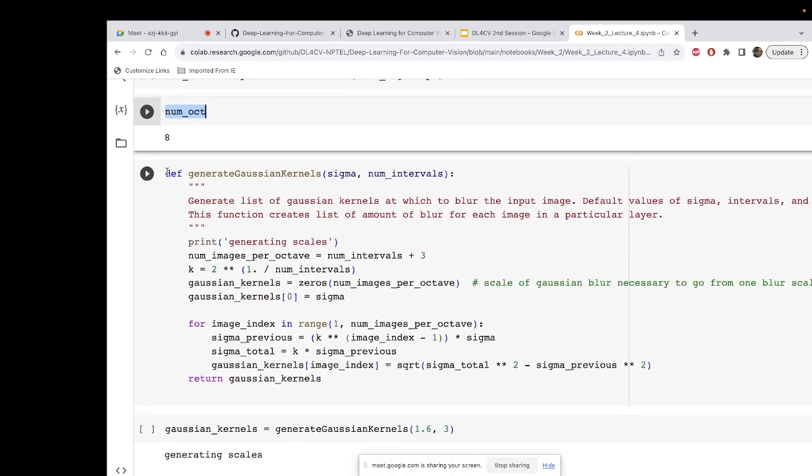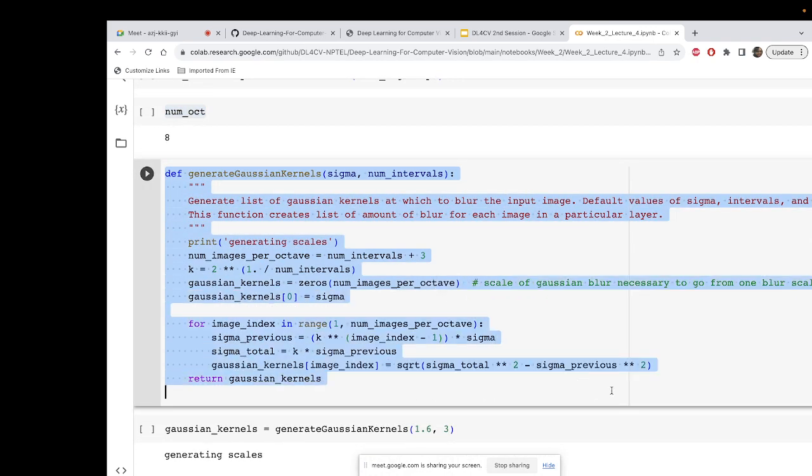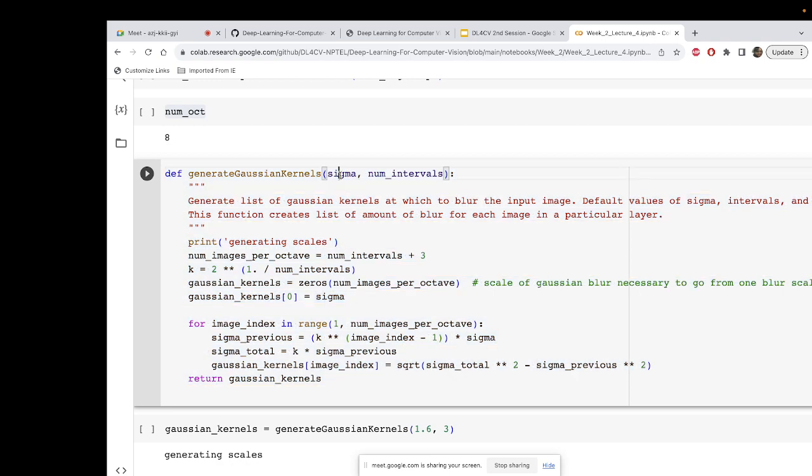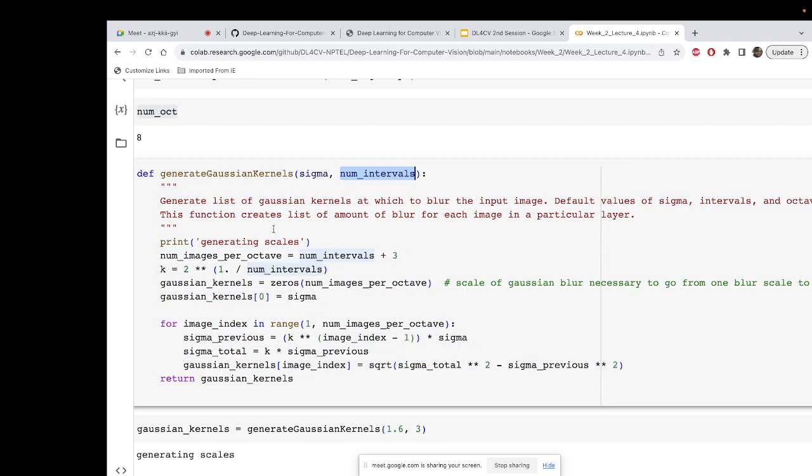And now we have to generate Gaussian kernels. Here you can see that the base sigma and the number of intervals are given, and based on that you can go on generating the Gaussian kernels. Gaussian kernels is a variable that is basically an array of size number of images per octave.